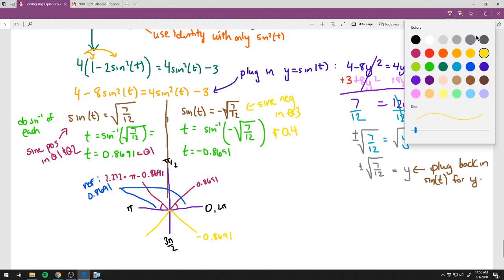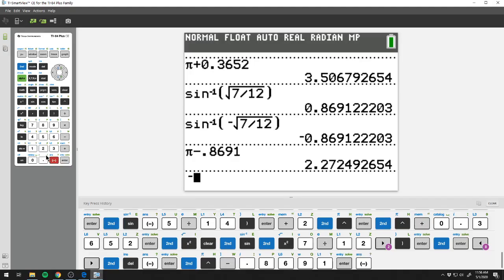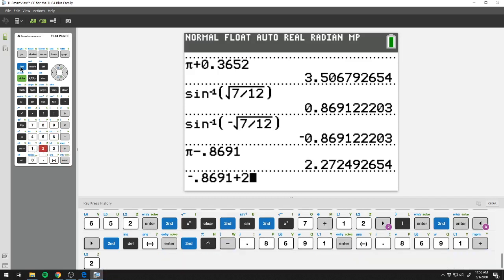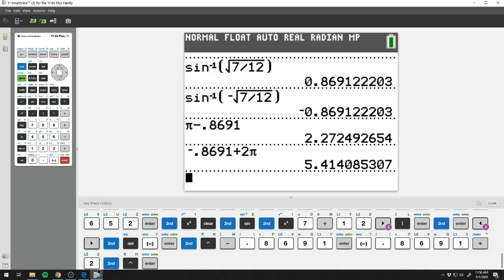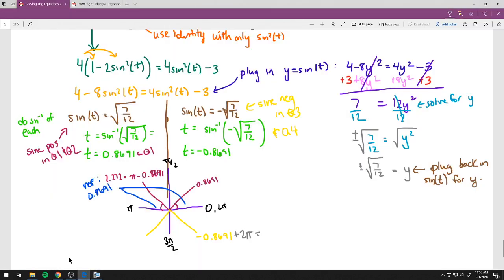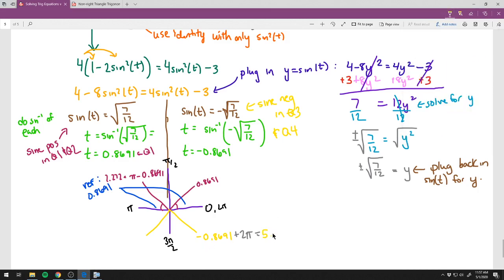And we've done a couple in this section already. We know we have to add 2 pi to this to get it between 0 and 2 pi. So let's do that. We got 5.414. Which is going to be the answer that we're actually going to use.